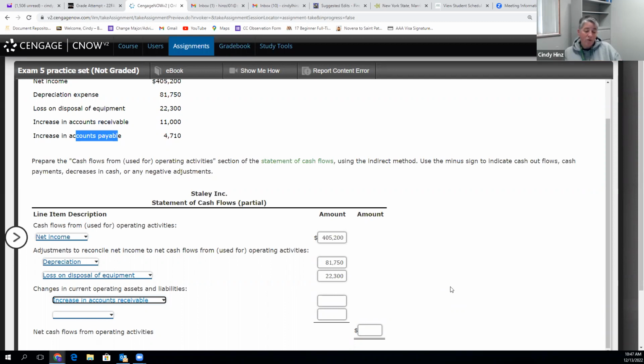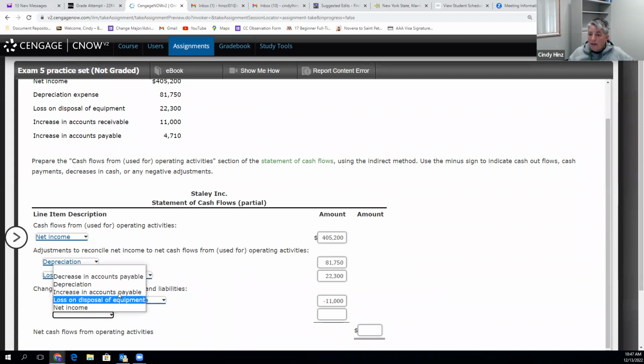Well, we recorded the revenues and that's reflected on our income statement that increased our net income, but our customer hasn't paid us yet. And so we don't yet have that cash. An increase to a current asset means our cash is lower than we would think it might be. And so we need to subtract that out. And that's what that guidance page would tell you.